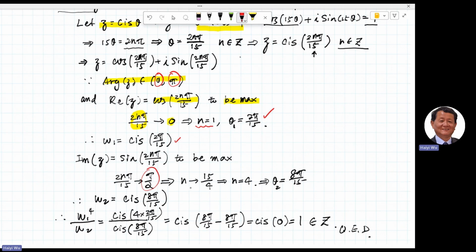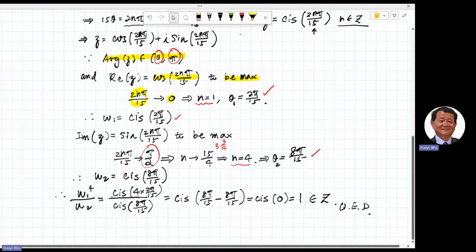So n is closest to 15 over 4, which is about 3 and a quarter. So the next integer should be n equal to 4. The angle is 2 times 4 pi divided by 15, which is 8 pi over 15. So W2 is cis 8 pi divided by 15.